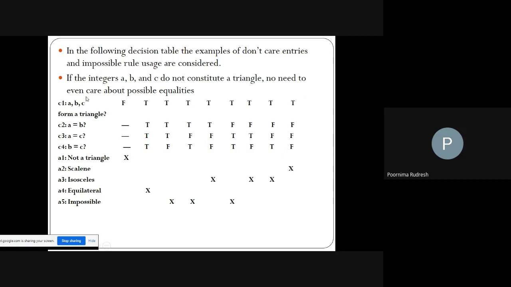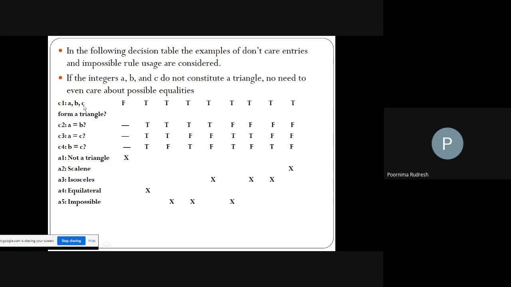Why? Because if we are not able to construct the triangle by using ABC, then knowing the value of A or B or C is irrelevant. That's why they are represented with don't care conditions for C2, C3, C4. If ABC is not forming a triangle, then we output the value as not a triangle.